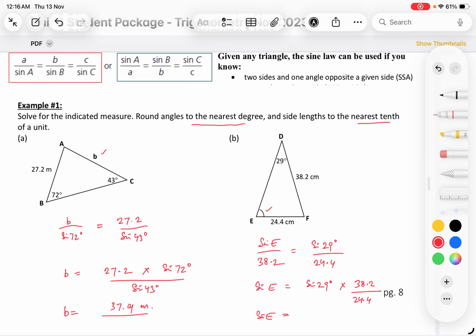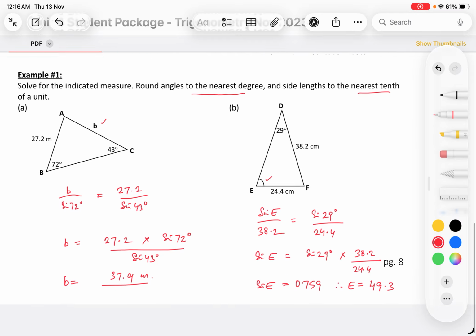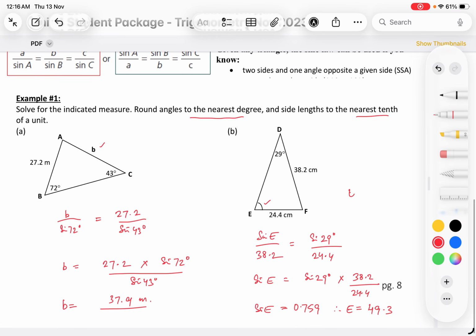It gives me 0.75. Therefore, angle E will be equal to sine inverse of this. I get E is 49.3 degrees, so to the nearest degree, E equals 49 degrees. We have to round it off to the nearest degree, right?